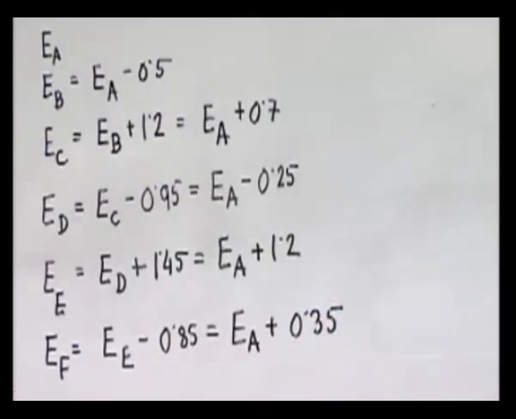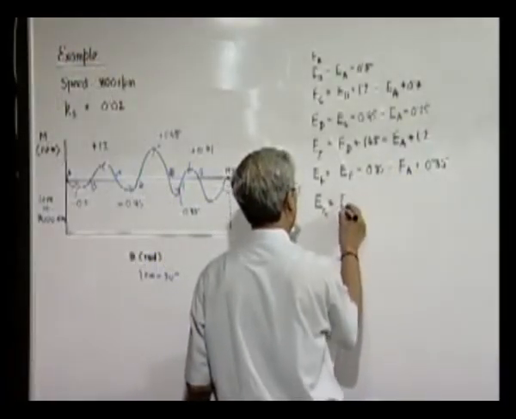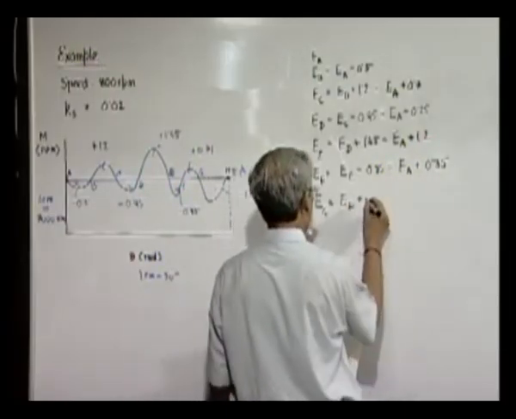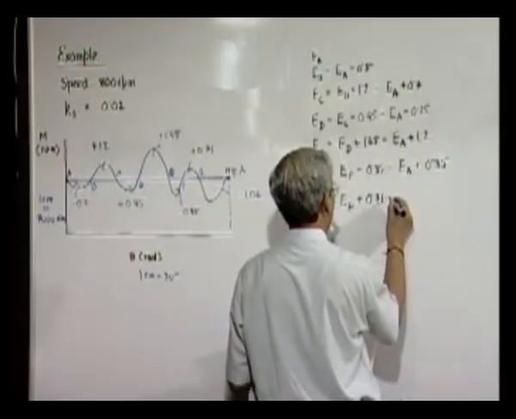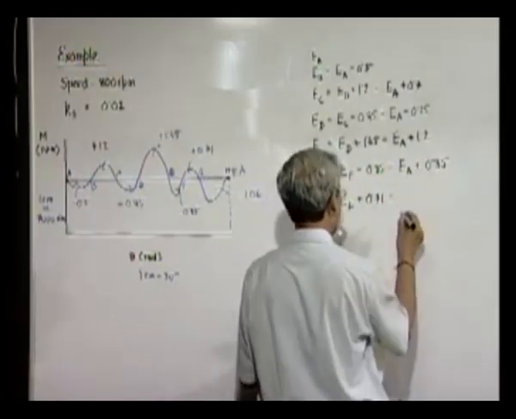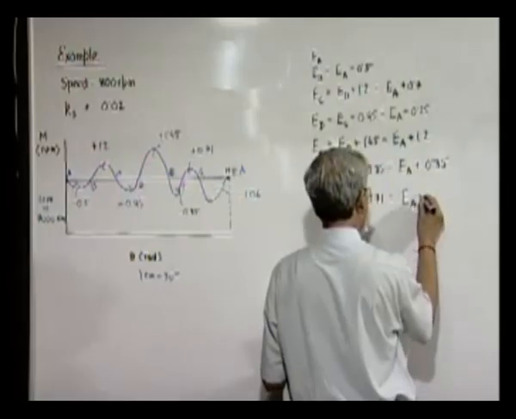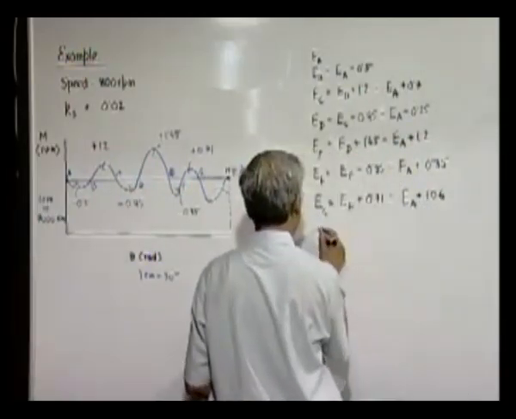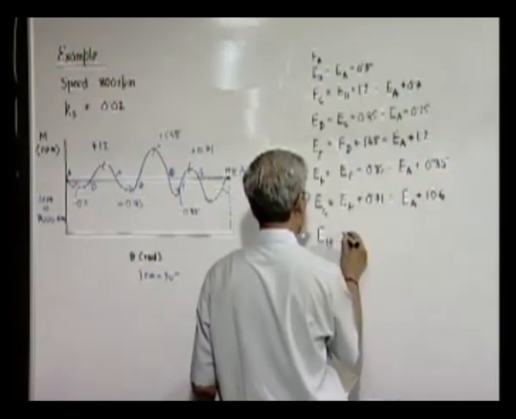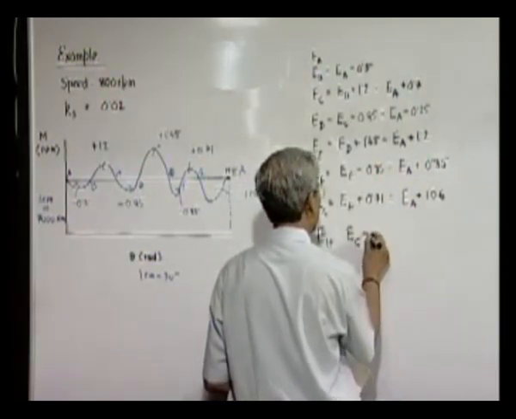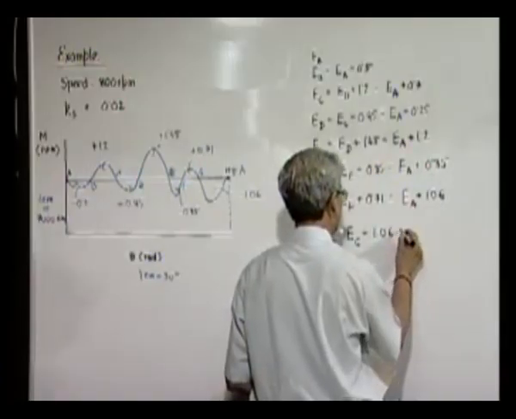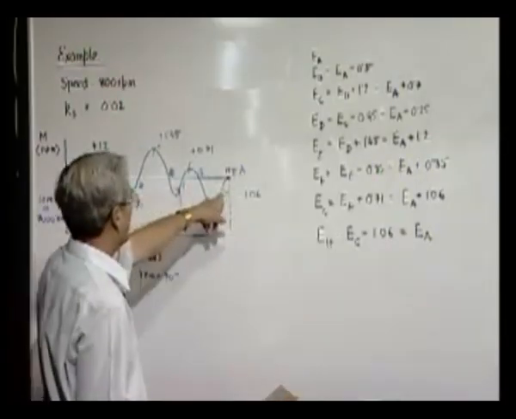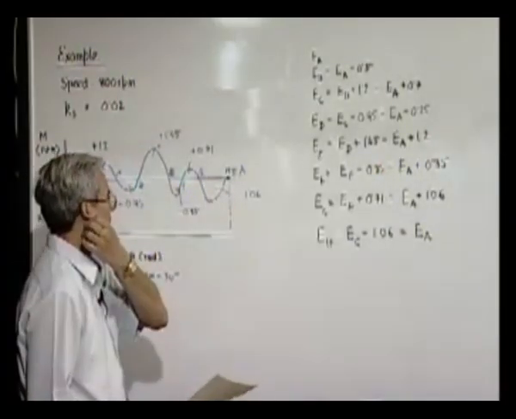And E at G is E at F plus 0.71, which is equal to E at A plus 1.06, and E at H is equal to E at G minus 1.06. So we come back to point H, where the energy should be equal to EA.